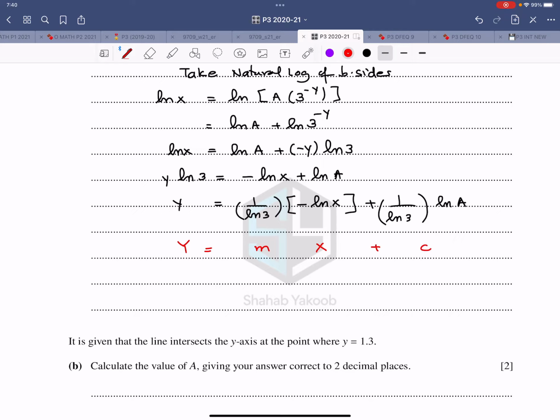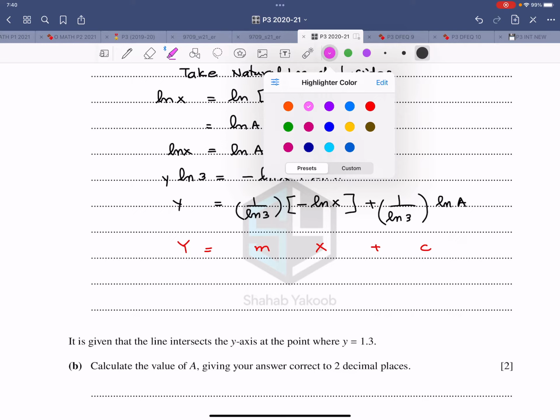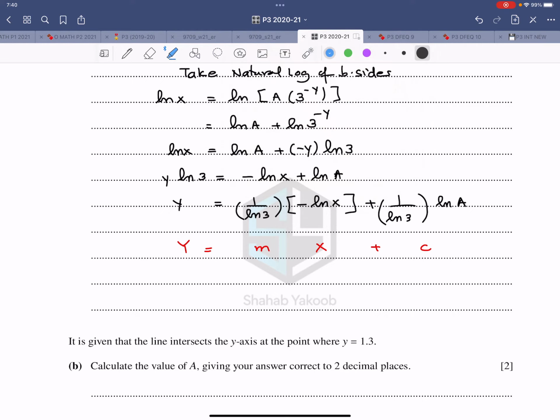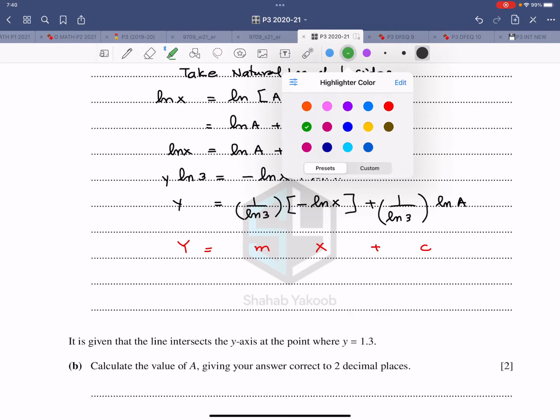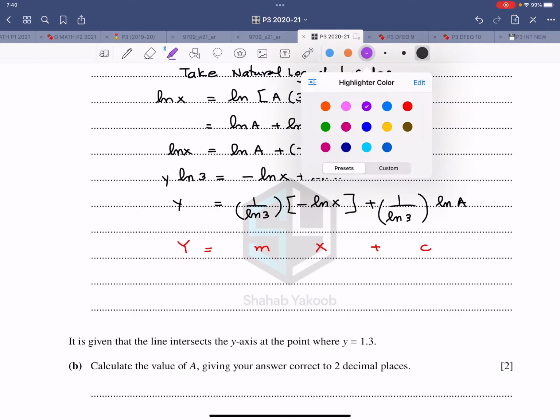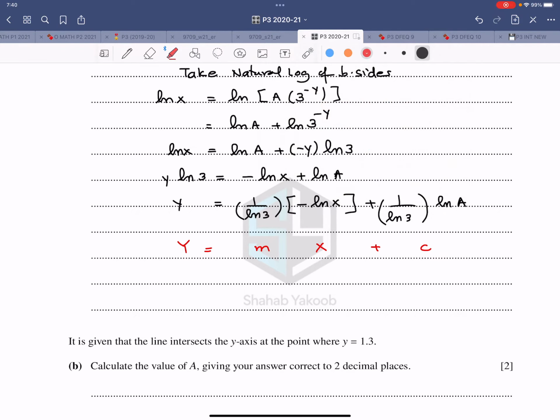This whole thing, let me highlight it. I should choose a blue color, I can choose an orange color, and I can go with this reddish. So this blue color thing is your y-intercept. This orange color thing is your x, and this purplish thing is your m.